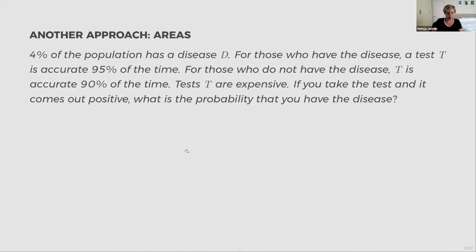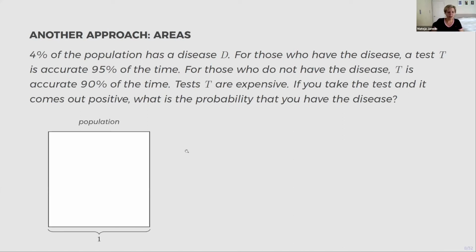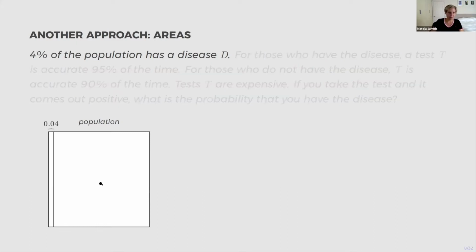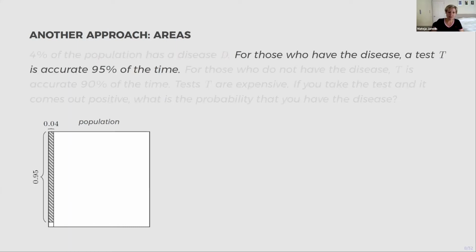Okay, so let's look at the same problem and use another representation that I call areas. We represent the population as this square of the entire population of 1, and I take a column out of 4% of the population that has this disease, and for 95% of them the test is accurate.